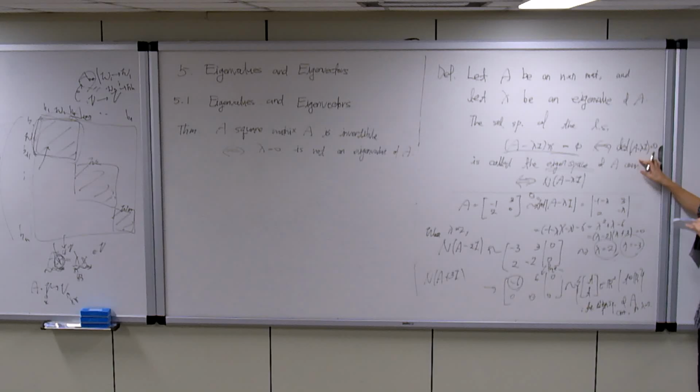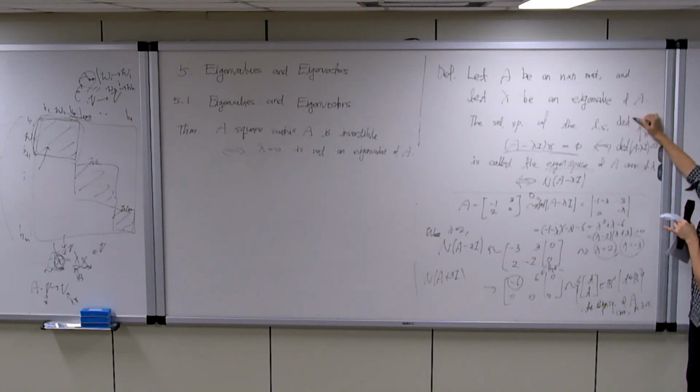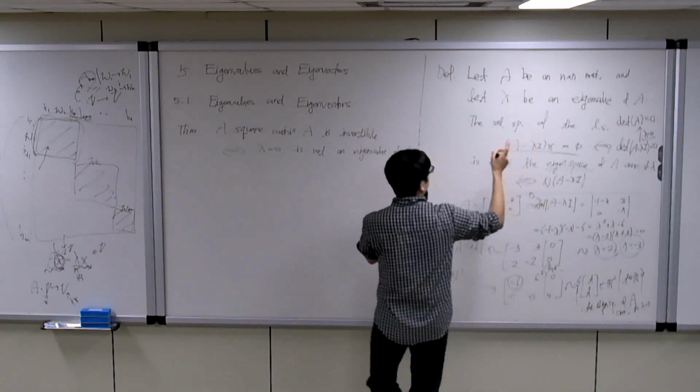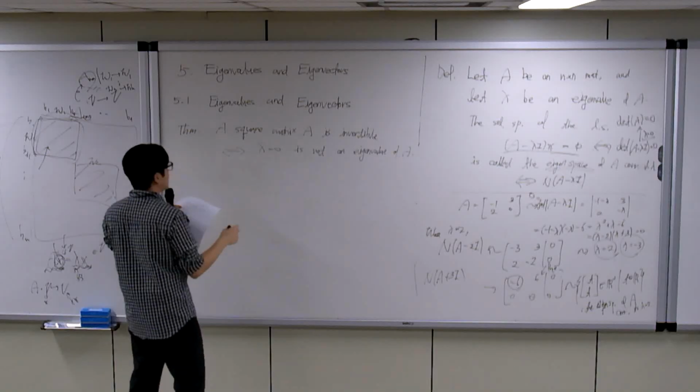So if lambda is 0, that means determinant of A is 0, so lambda equal to 0 would be an eigenvalue of A.